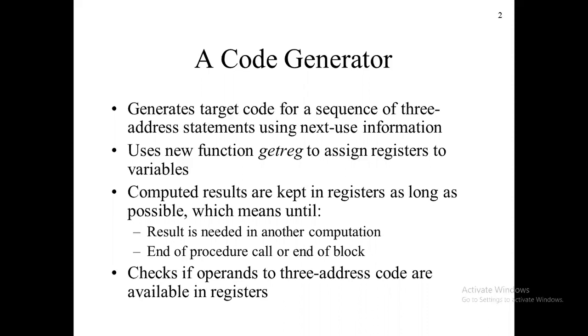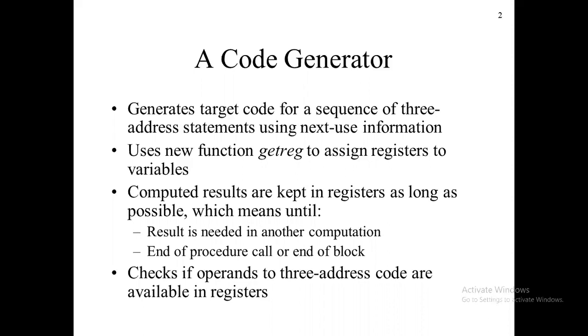So it generates the target code for a sequence of 3 address statements using next use information. What is next use information? For example, consider the statement y equal to x plus z. Here, y may be a live variable or a dead variable.